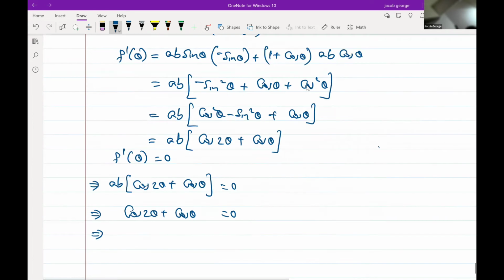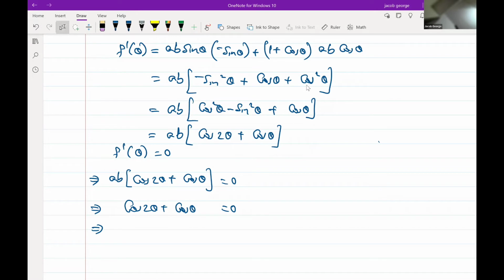So here I will apply some formula, cos A plus cos B. Do you remember cos A plus cos B? Both cos, right? If you don't know, please write that formula in the reference page. Cos A plus cos B is 2 cos A plus B by 2, cos A minus B by 2.